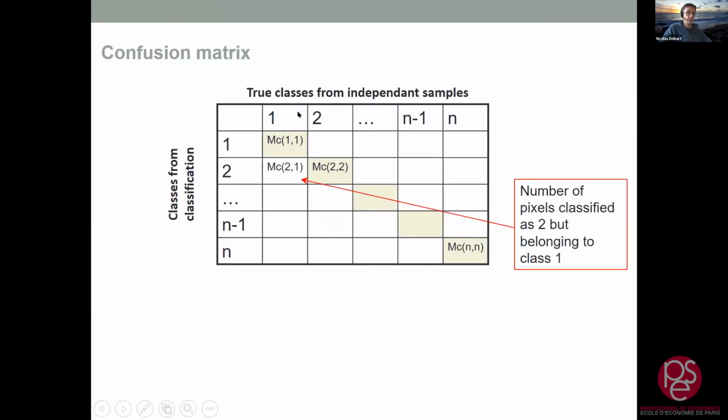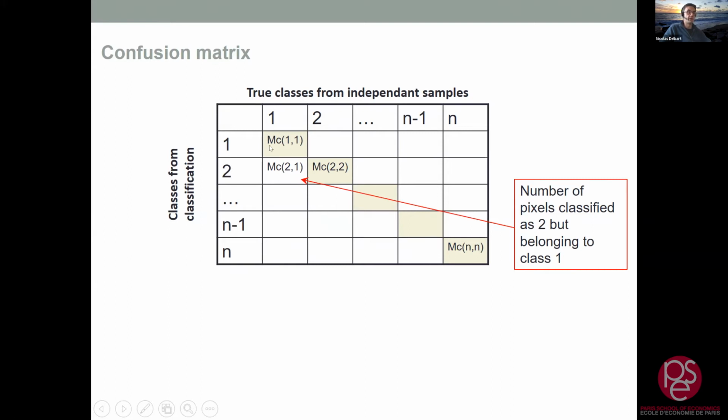So in total, we have several thousand pixels, and some pixels from the sample we know belong to class 1. Some pixels belong to class 2. And we have this for each class. And we look in this matrix how they have been classified. For example, we have a certain number of pixels of class 1.